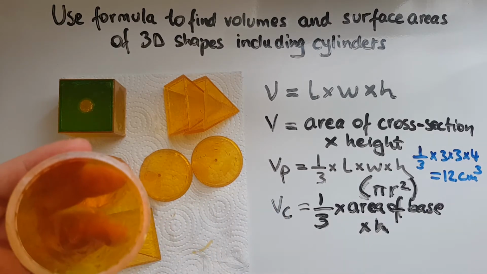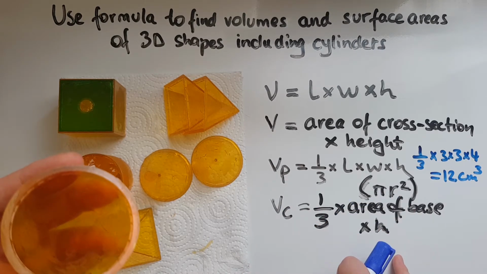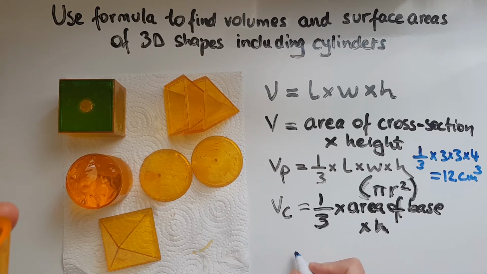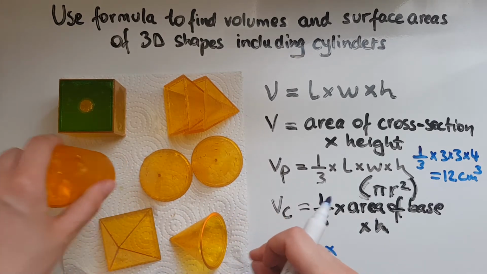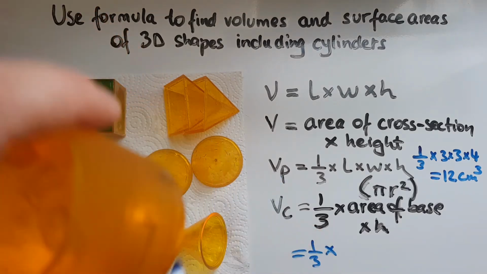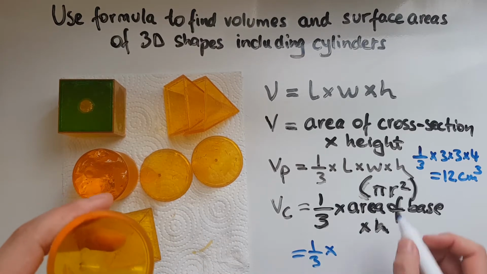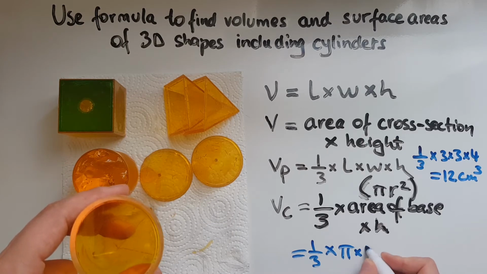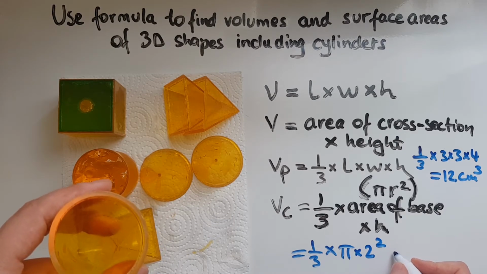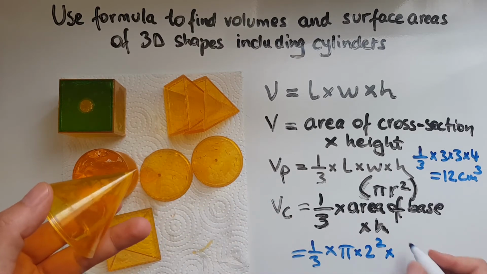So we said 1/3 of pi r squared times h. If the radius of this is, like we said in the previous example, 2 centimeters, then pi r squared is pi times 2 squared times h, which let's suppose is 4.